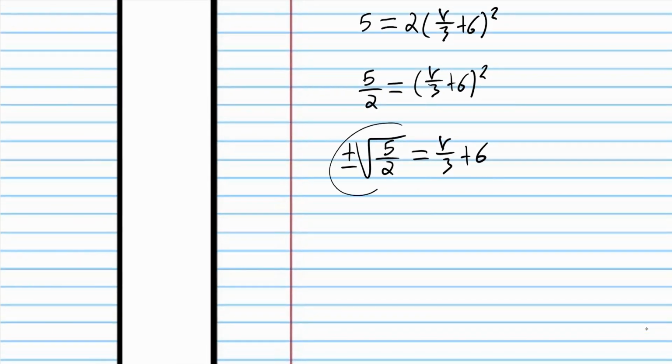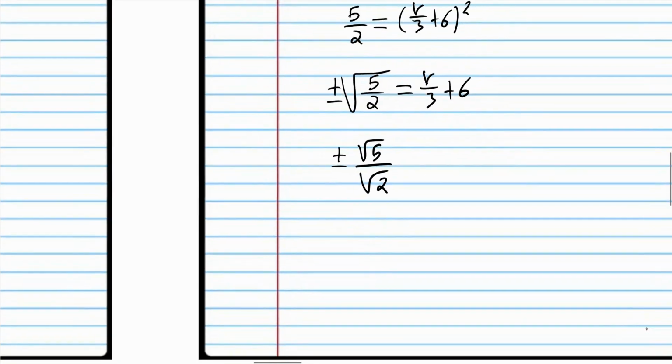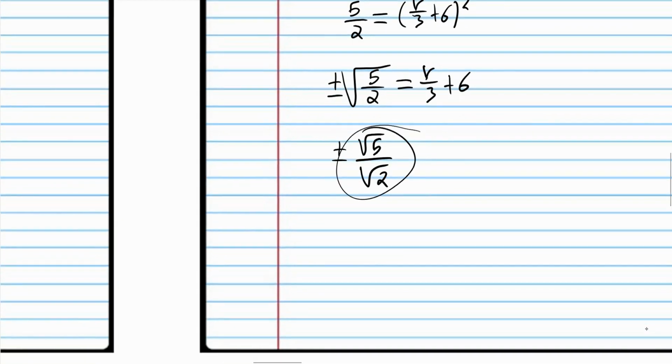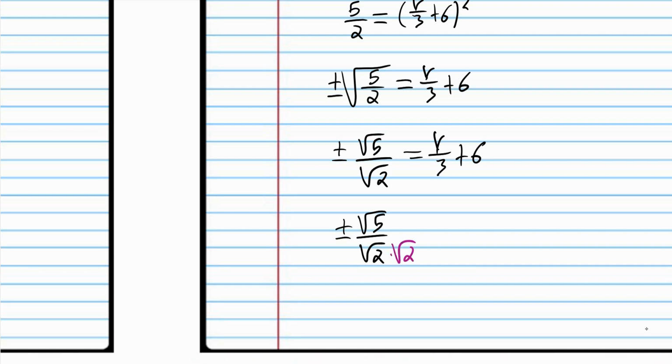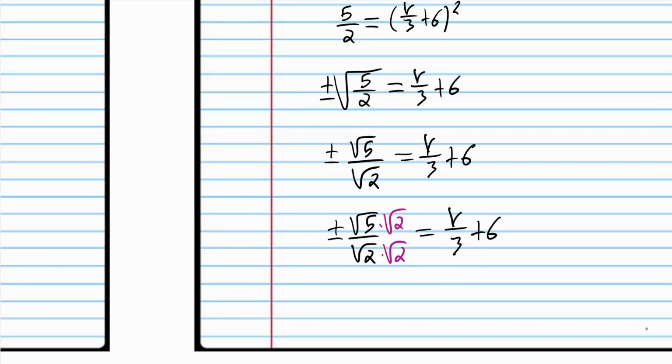And so now we have to rationalize the denominators. So remember, that changes to square root 5 over square root 2. And you don't have to show any of this. If you can do it in your head, then really you need to do it in your head. We're then going to multiply both sides of the fraction by root 2, because that's going to get rid of the root symbol in the denominator. It's going to rationalize the denominator.